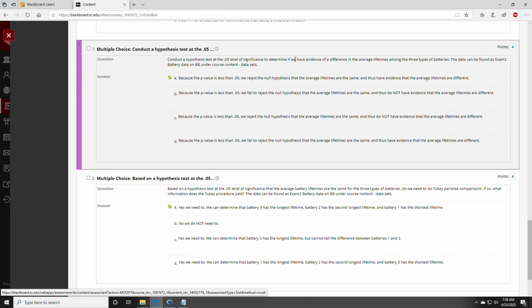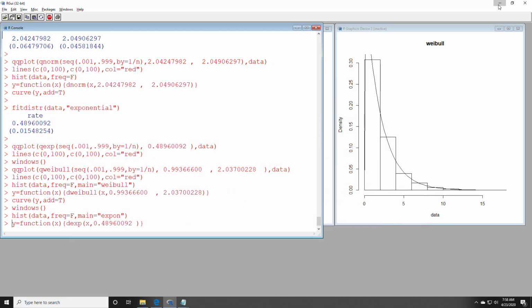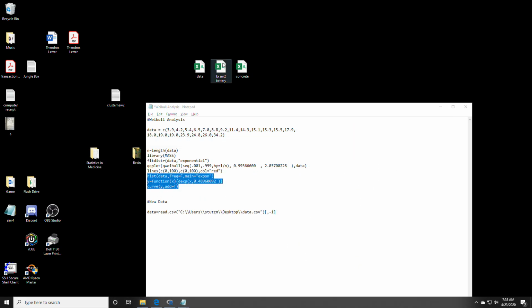Okay, so we're comparing the average lifetimes of 3 types of batteries, and just to give us another ANOVA example, I'll just send it to you in case it's not visible anymore. Okay, exam 2 battery.